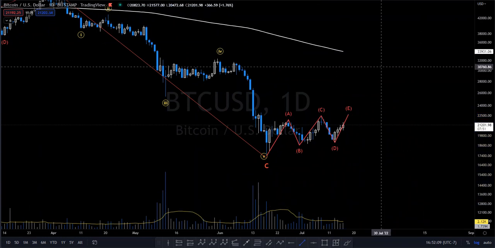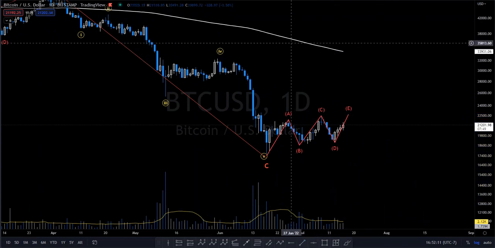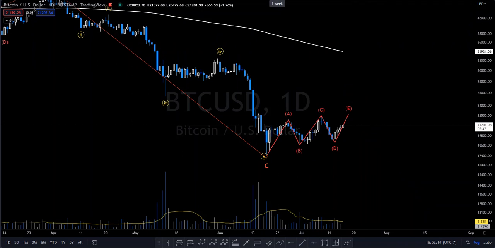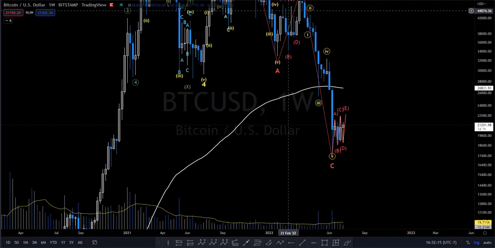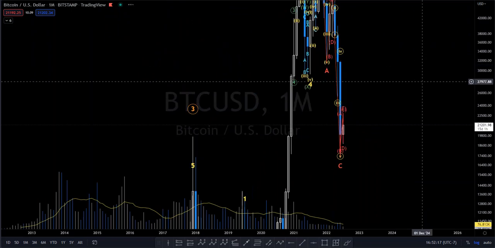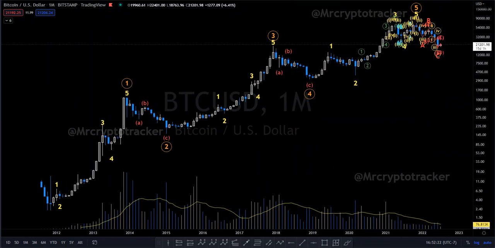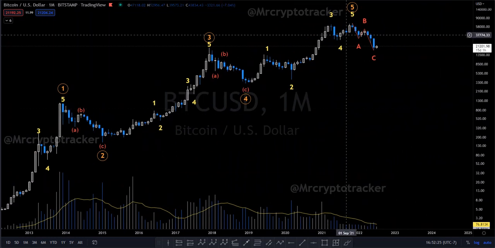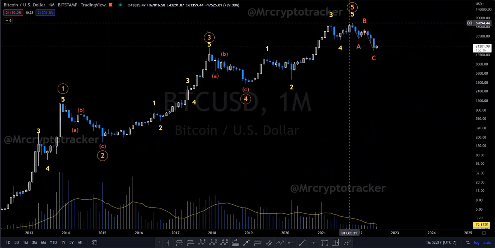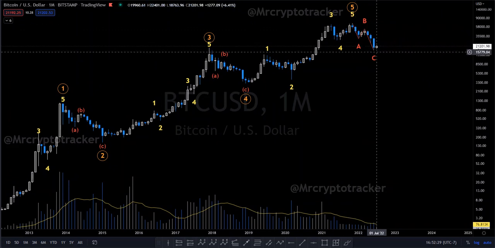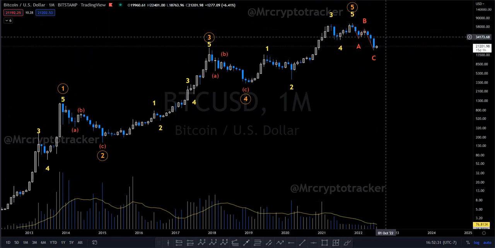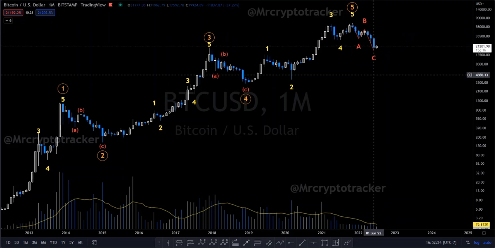But based on what I showed you in the bigger time frames, probably we are going to see a wave up. Let me deactivate this. Yeah, probably this is the big A wave down, and we are going to have a B wave up.